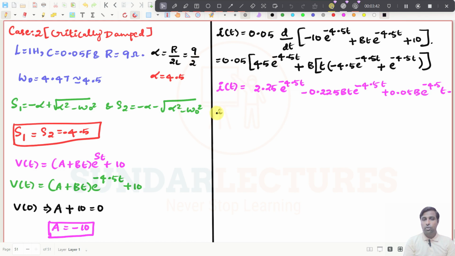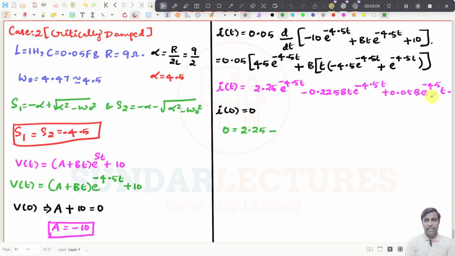If you substitute I of 0 is equal to 0 in this expression, that is the condition. If you substitute the values, this value becomes 1, so 0 will be equal to 2.25, and then minus, and if we put 0, this whole term becomes 0, right?